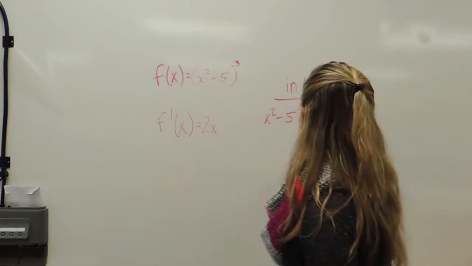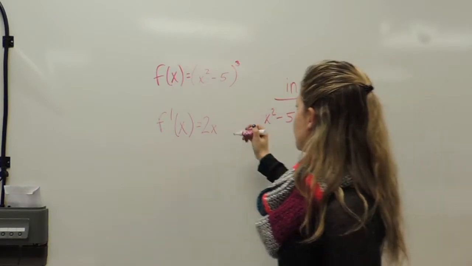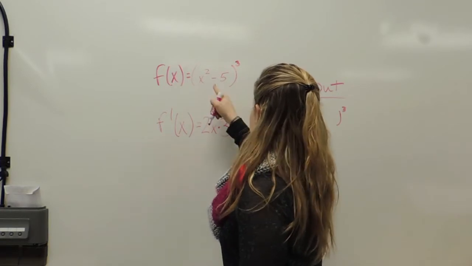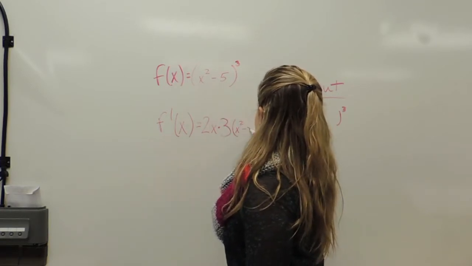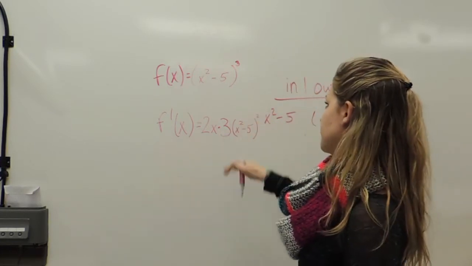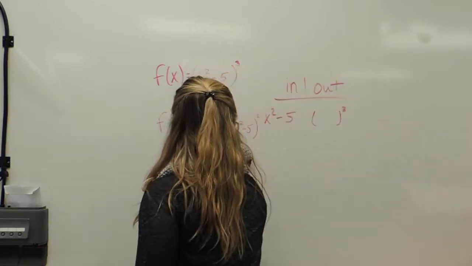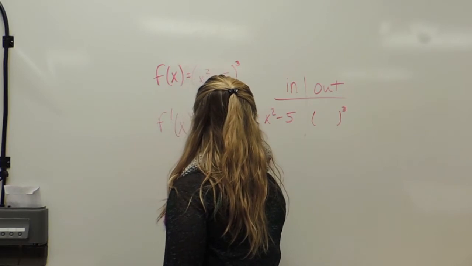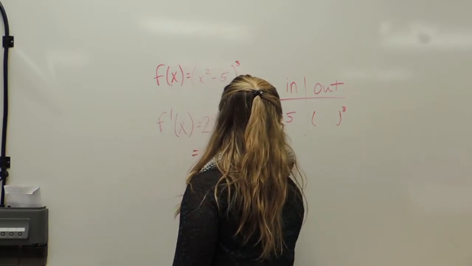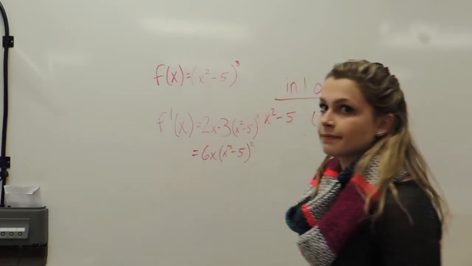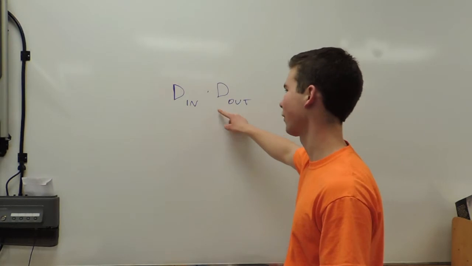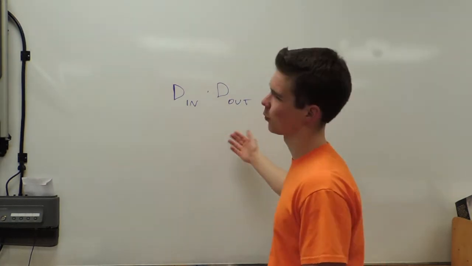And you multiply that by the derivative of the outside, which would be multiplied by 3, and you leave the inside squared, which you get by using the power rule outside of the parentheses. You can simplify this. You're left with 6x times x squared minus 5 squared. Sometimes we say that chain rule is the derivative of the inside times the derivative of the outside. And remember, when in doubt, derive it out.